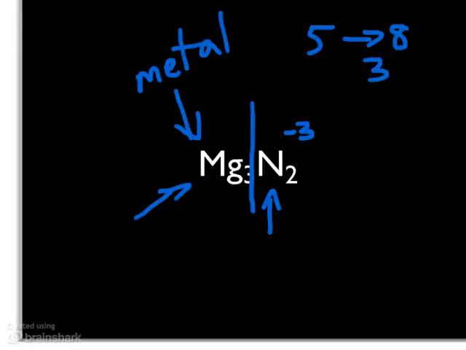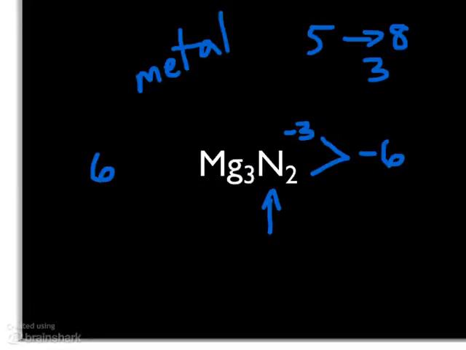Now, one thing you need to do is figure out the overall charge of this half, because you need to balance off your charges. So in this case, you have a -3 and a 2, so that means the charge of that particular half is a -6. That would mean that this side also has to be a +6 to balance out both sides. And let me just get rid of this for now.